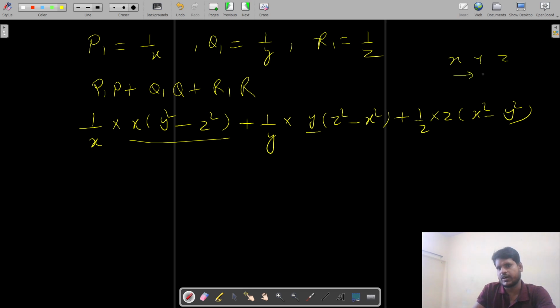So x goes to y goes to z, and again z comes to x. This is the cyclic expression. Similarly, y goes to z and z goes to x, and z goes to x and x goes to y. So we use a cyclic. Without taking the help of previous slide, I am writing this whole expression. This is the cyclic expression technique.